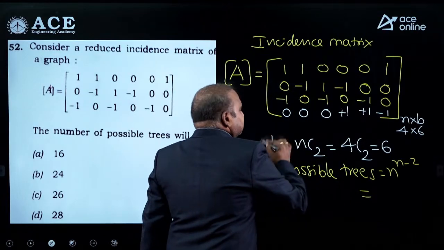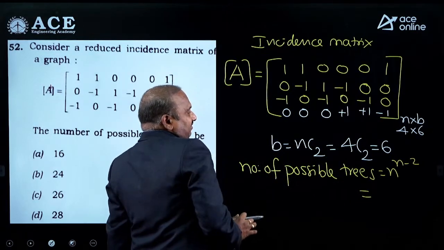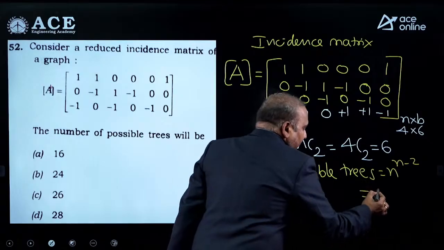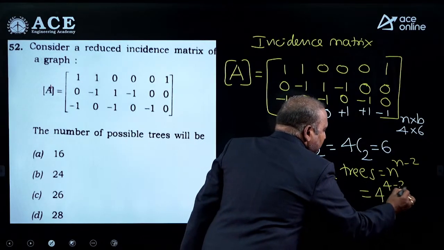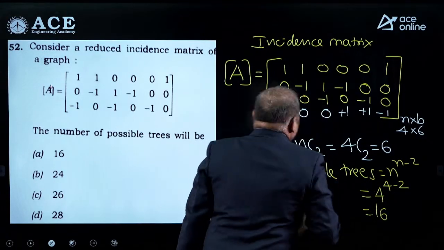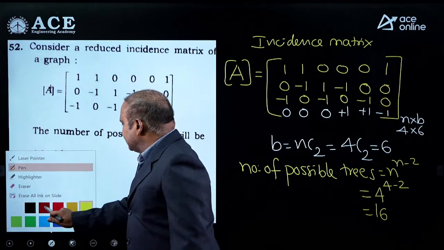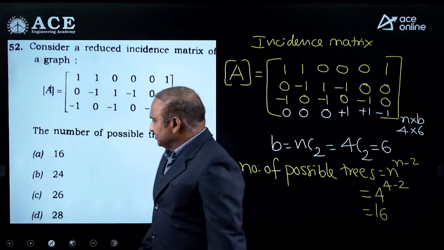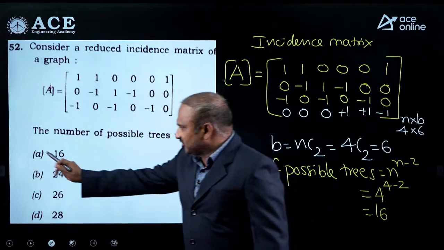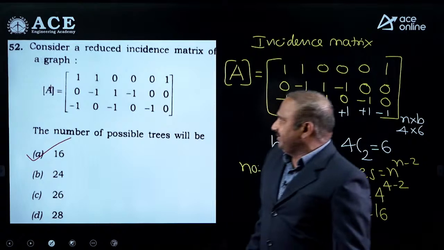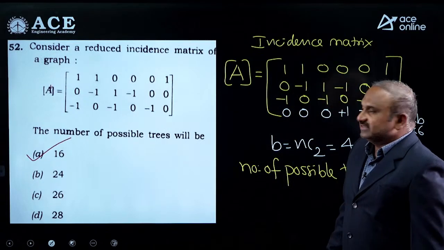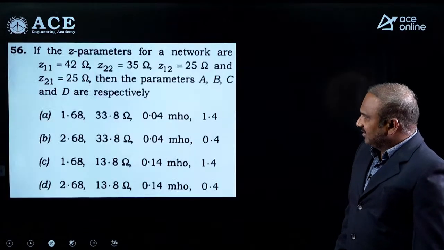Since this is satisfied by the given graph, 4 power 4 minus 2 is equal to 16. 16 possible trees, since it is the complete graph. Option A is the correct one. Okay? Right.